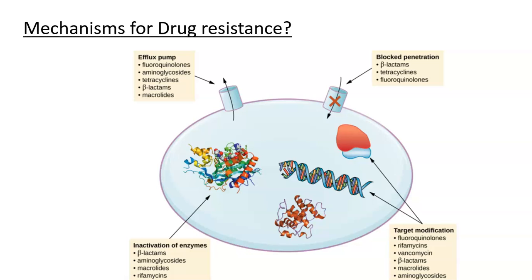You can also find with the aminoglycosides that those drugs will block the A site in the large subunit of your ribosomes. Well, cells can actually make a protein that mimics the shape of that A site in the ribosome, and now your aminoglycosides are going to preferentially bind to this target that is kind of the same shape, so that your drugs are doing what they're supposed to. They're just binding to the wrong thing.